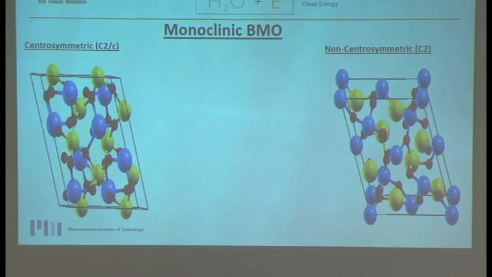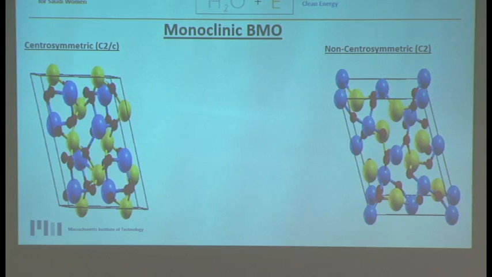And recently, new DFT calculations have been run on both structures, and they found that the centrosymmetric C2/c structure is more stable than this one. It has lower energy. However, up to date, BMO is considered to be electrically polarized.